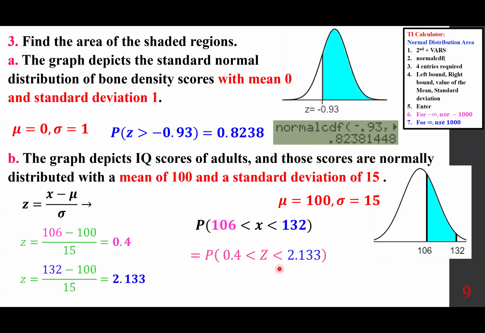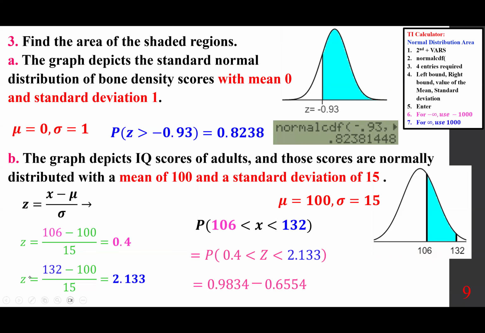Now you can use the table or technology. And if you use the table, all the way to 2.133 is this number, all the way to 0.4 is this number, and you have to subtract this from there. So all the way to here and then to here. Of course, 106 corresponds to 0.4. Let me just write that.